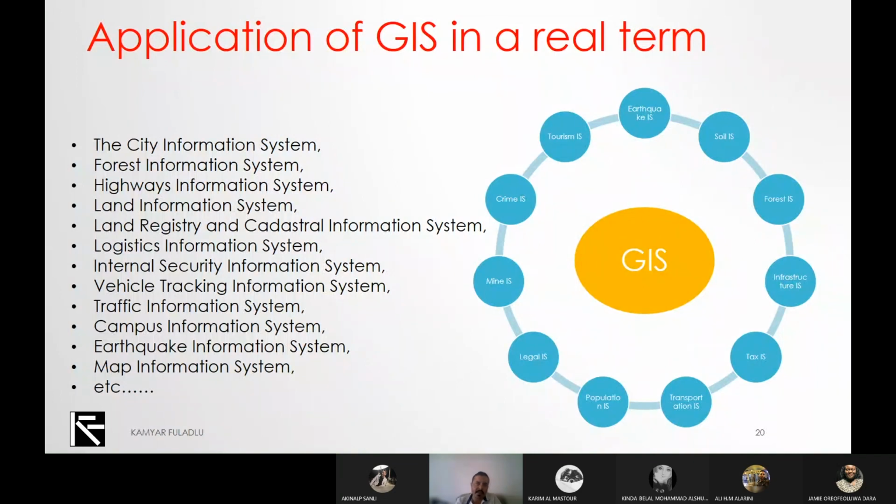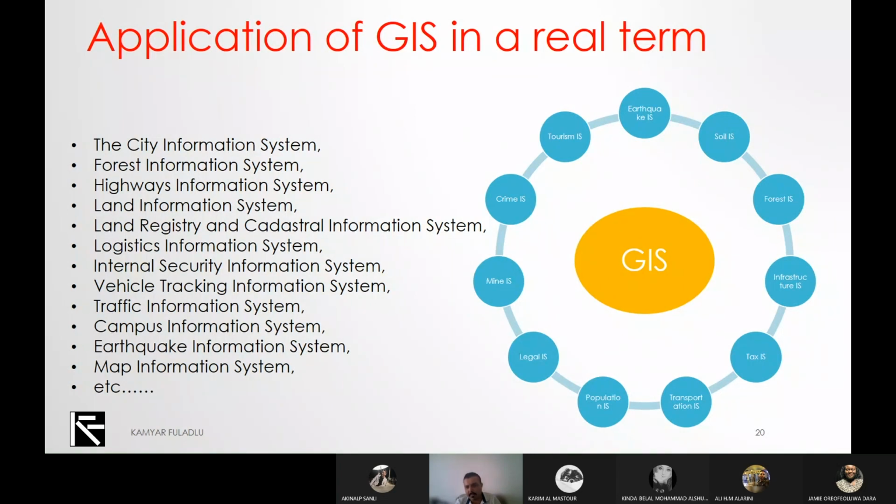We have even a campus information system. Definitely you saw it because we also have an interactive map on our campus. If you open it, you will get different information about our campus. Again, earthquake information and map information system.